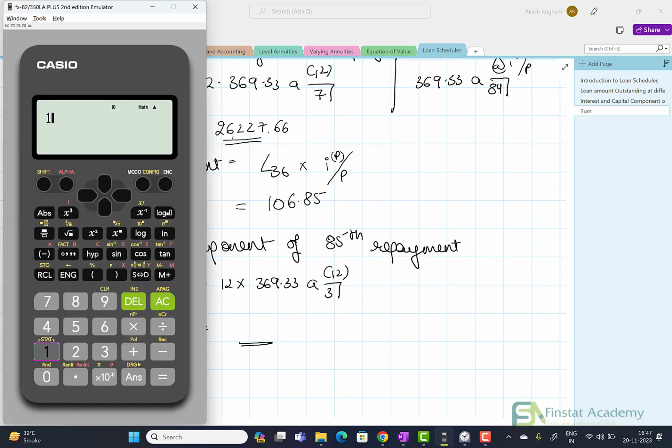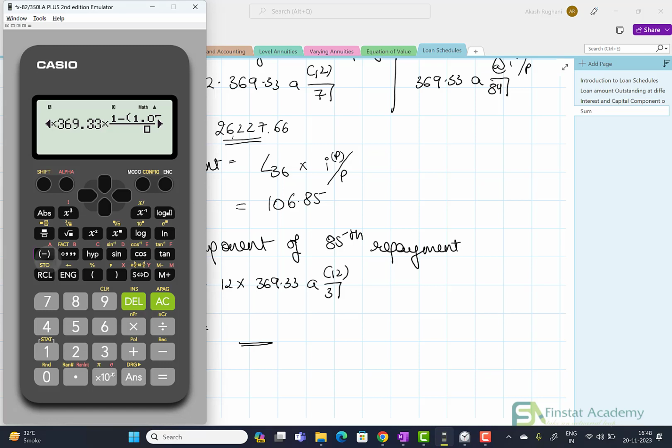So 12 into 369.33 into, this is my fraction, 1 minus 1.05 raised to minus 3 upon, again, I12.